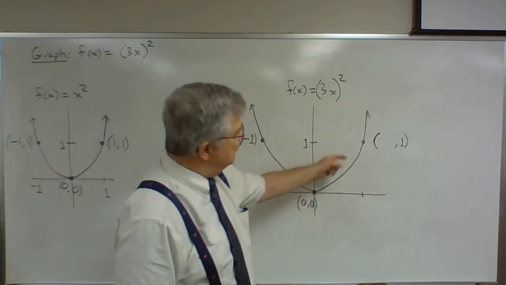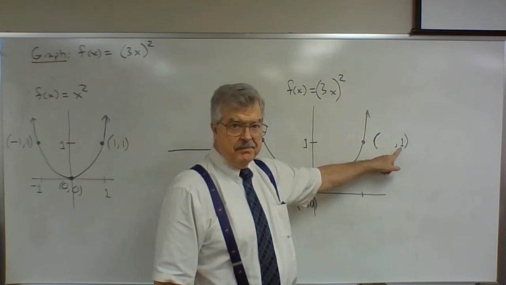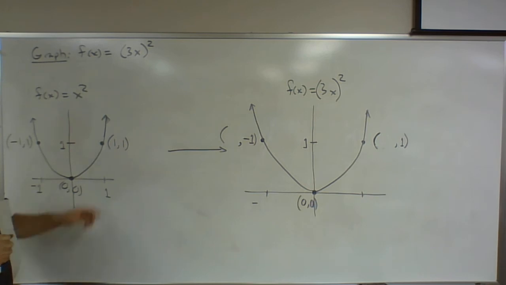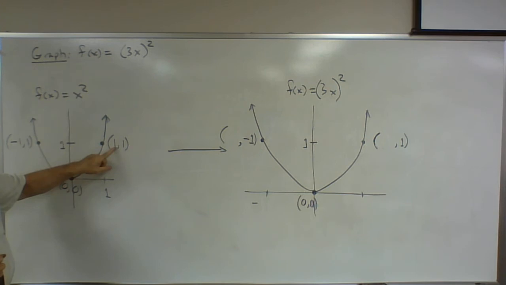Now let's look at this point. The y-coordinate is 1. On our graph for reference, in order for our y-coordinate to be 1, the x-coordinate has to be 1. In other words, when we take x and we square it, we get 1.